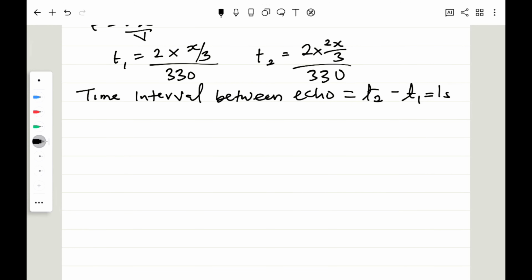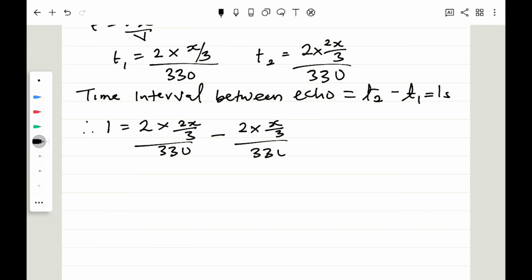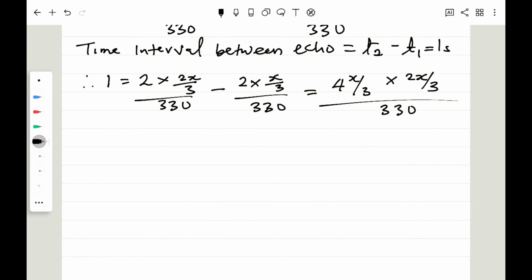So let's solve further now, so that our 1 is equal to, by substitution, 2 times 2X over 3 over 330 minus 2 times X over 3 over 330. This will give us 4X over 3 minus 2X over 3, divided by 330. I hope you are following.